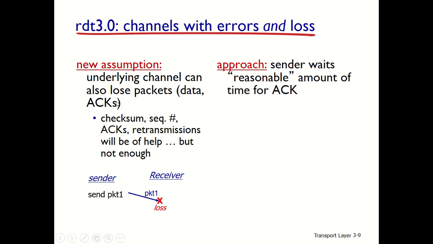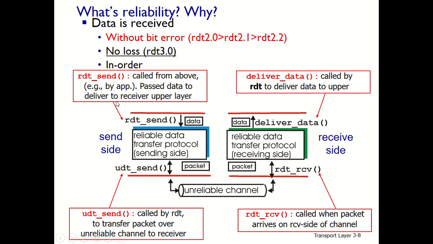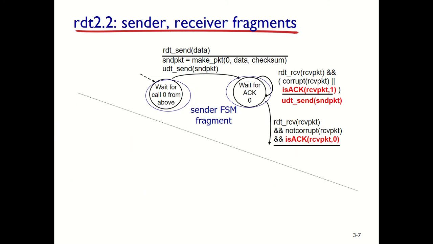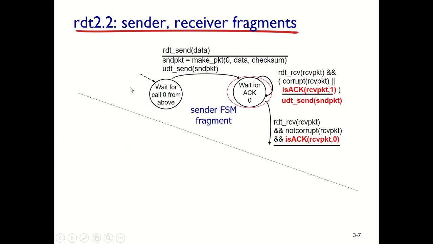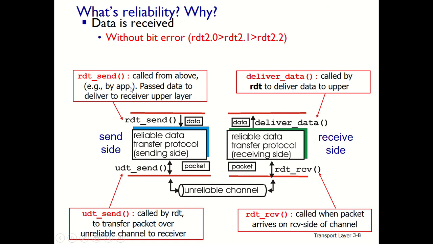Because the RDT 2.2 protocol is negative acknowledgement free. We don't use negative acknowledgement; we use only acknowledgement. So that's why the underlying channel can have packet loss.